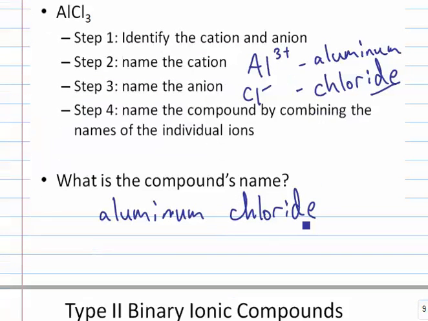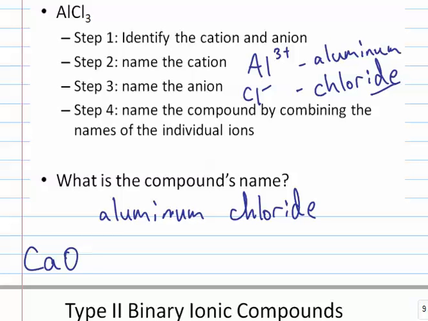And let's do one more quick example, let's go with calcium and oxygen. So here CaO is our formula. We look on our periodic table knowing that calcium has a +2 charge and oxygen has a -2 charge, and so they come together in a 1:1 ratio.